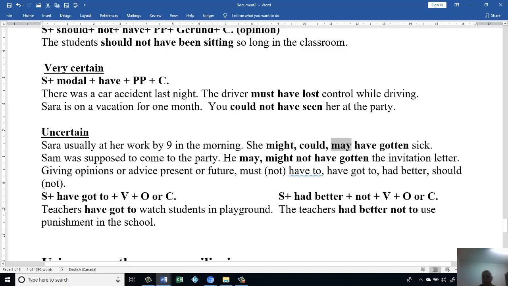But the most important thing we have to have is have plus past participle. Then we say sick. You could say she might have gotten sick, or you could say she could have gotten sick, or maybe you could say she may have gotten sick.